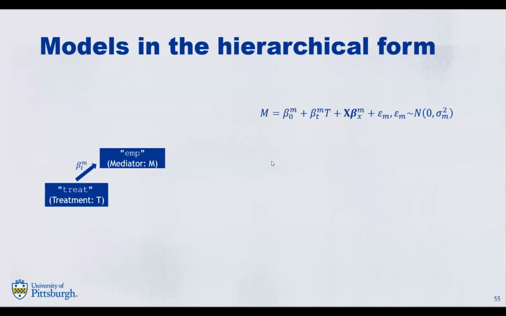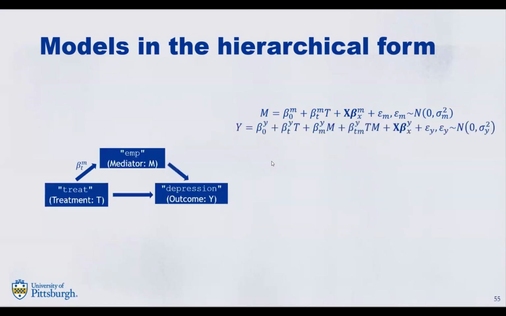And then we have the outcome model, which regresses the outcome on the treatment, mediator, the treatment by mediator interaction, and the covariates. The path from the treatment to the outcome can be captured by the coefficient of the treatment in the outcome model, and the path from the mediator to the outcome can be captured by the coefficient of the mediator in the outcome model.